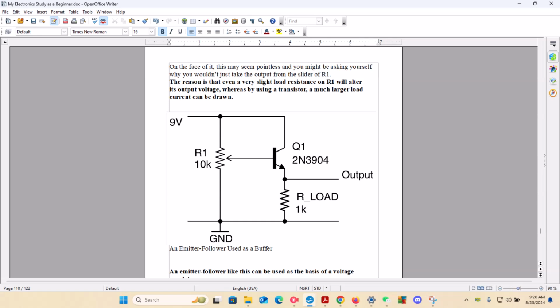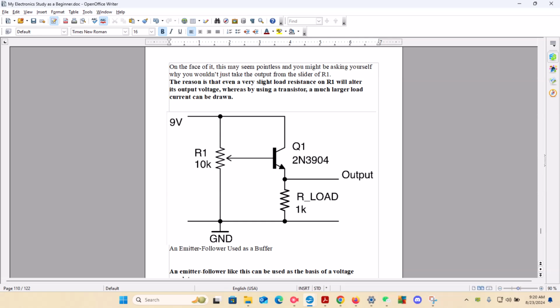From the other end of the node, one goes directly to resistance and then ground. The other end of the node will go to the switch, which is Q1, and part of it will go out to the output if it's off, right? If it's on, it will go through what's called a resistance load, which will have its own impedance, or its own ability to resist or limit the current flow.